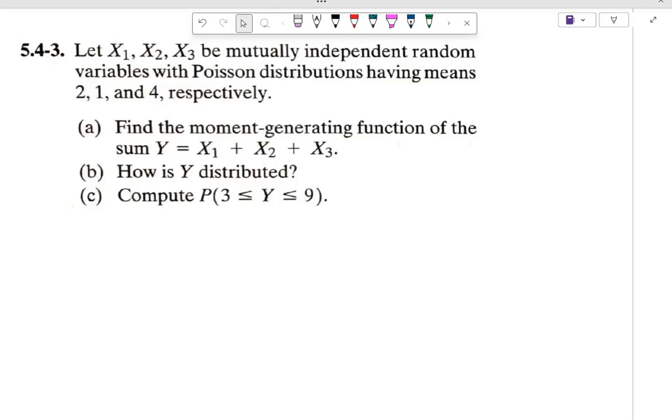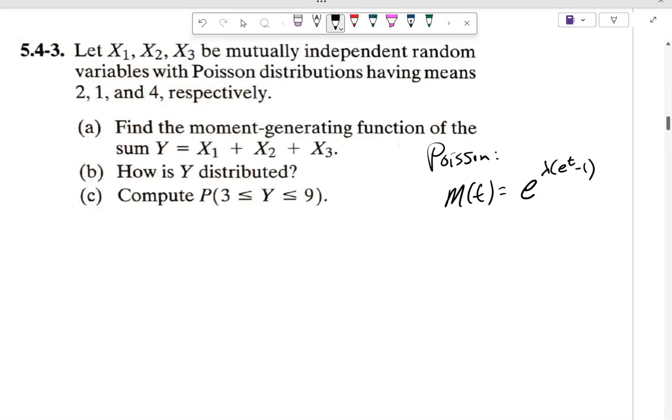What is the moment generating function for a Poisson? Yeah, good.